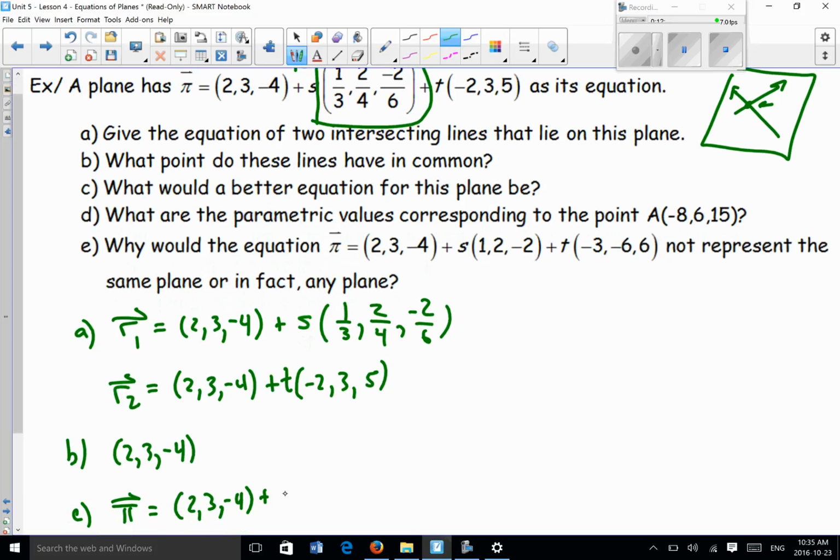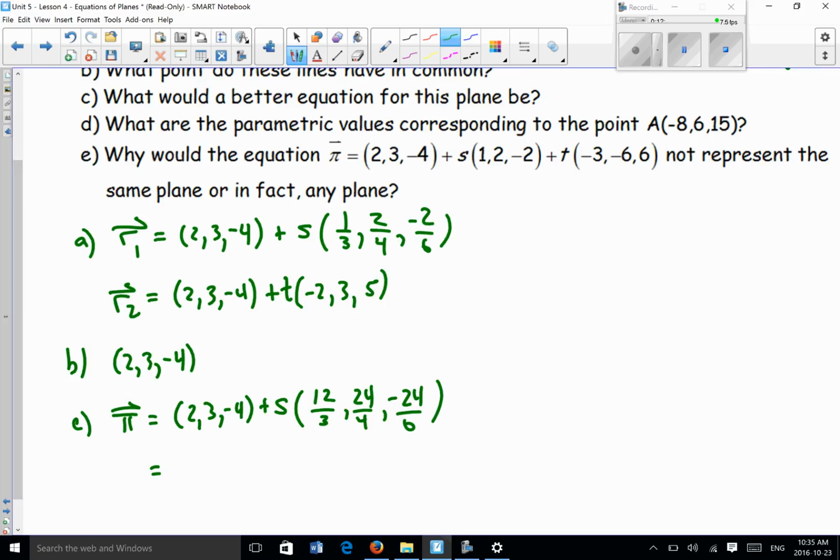I'd end up with S times 12 over 3, 24 over 4, negative 24 over 6. So I could write this as 2, 3, negative 4 plus S times 4, 6, negative 4.